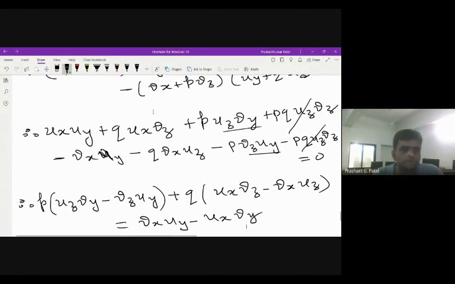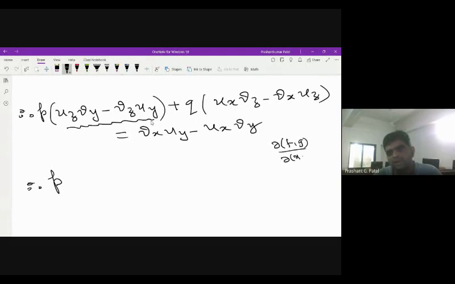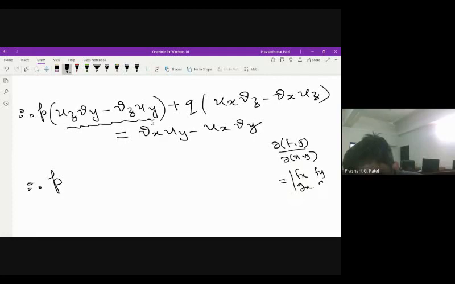Now observe what this quantity in the bracket with p is. Recall the Jacobian of f, g with respect to x, y: it is the determinant of fx, fy, gx, gy, which is nothing but fx gy minus fy gx.